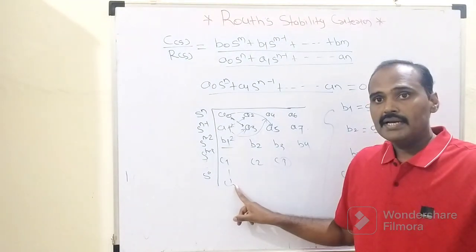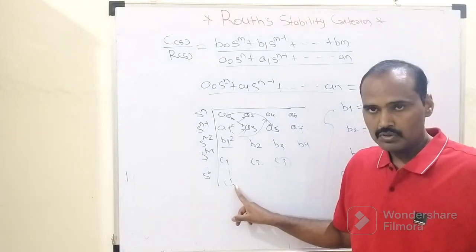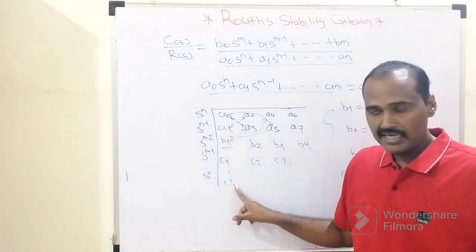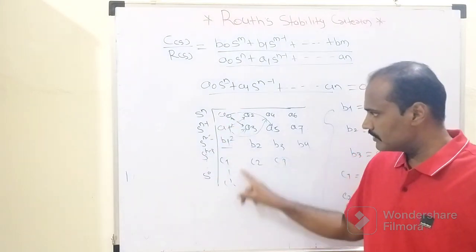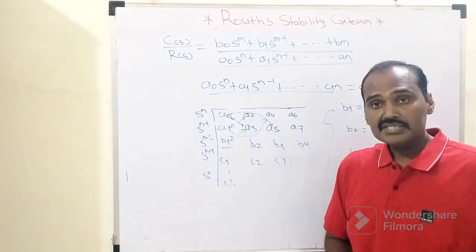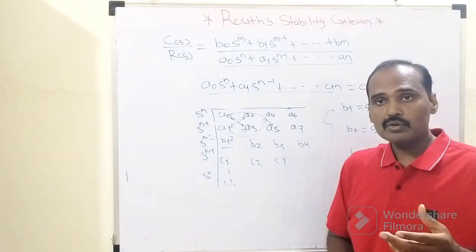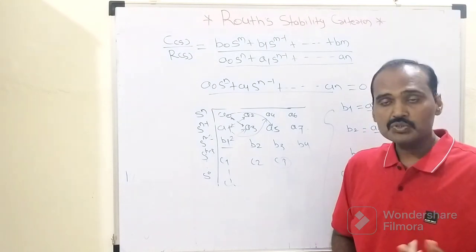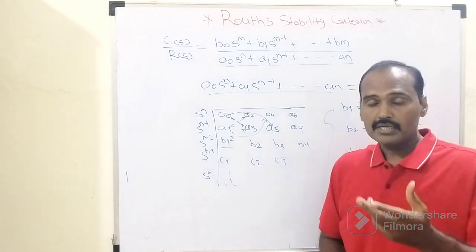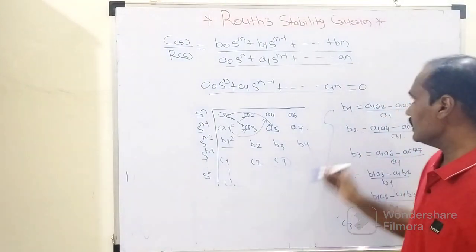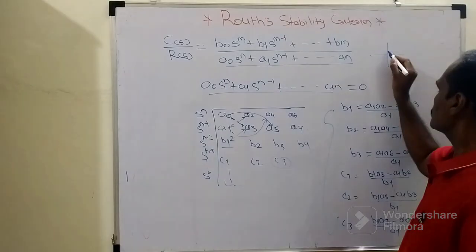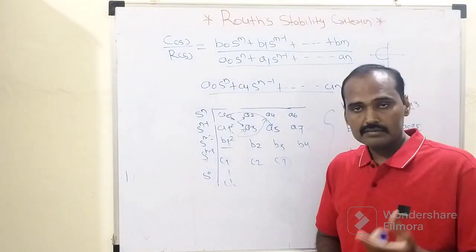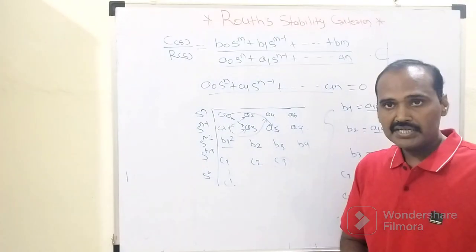If all elements are positive, or all elements have the same sign, then definitely we can say that that system is a stable system, means all the poles are lying within the left hand side of this S domain representation, because this is the basic condition for the stability of that system.